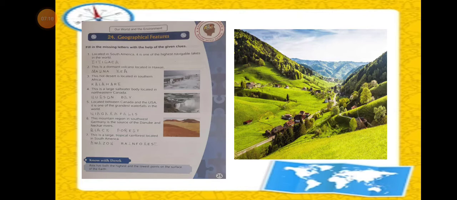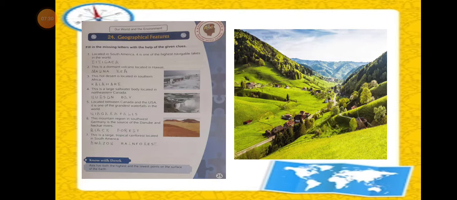And from this place, we get the source of the rivers Danube and Neckar. So this is the place which is the main source of the rivers Danube and Neckar. So this place is called Black Forest.